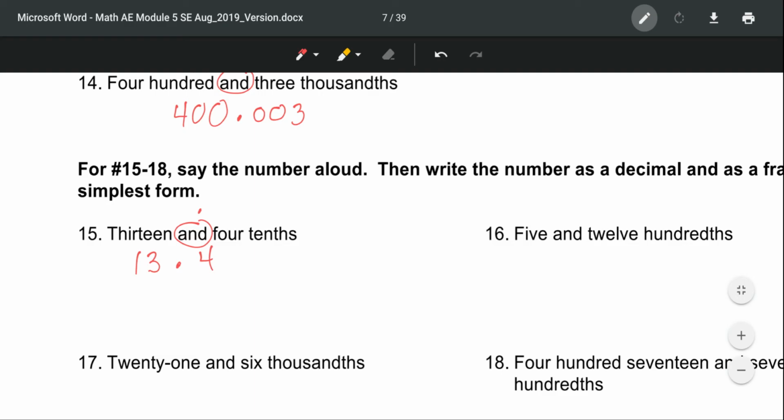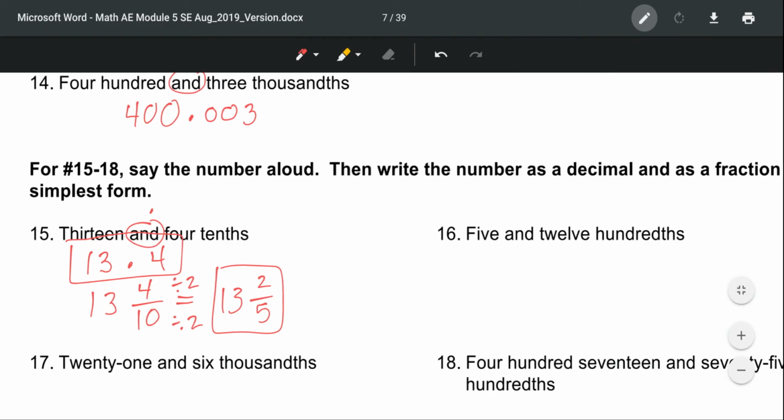As a fraction, this would be 13 and 4 tenths means 4 out of 10. So that's how you would write it as a fraction. And then in simplest form, we could divide the numerator and denominator by 2. So we get 13 and 2 fifths. Okay, so here are the answers that we're looking for.